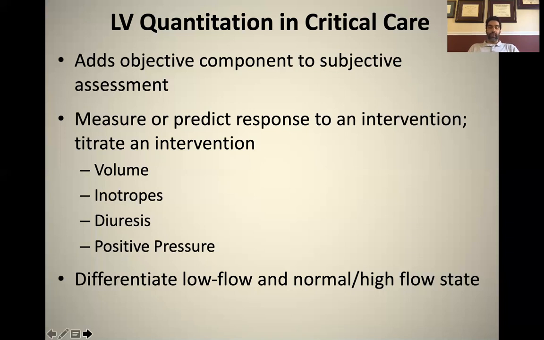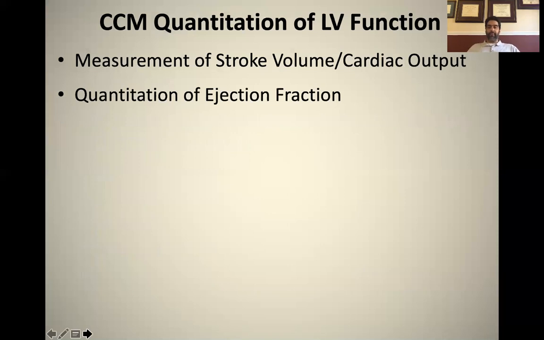Okay. So how do we quantify LV function in critical care? There's two ways we approach it. The first one is the preferred approach, where we can actually measure or estimate stroke volume and cardiac output. I say all the time, we as intensivists are most interested in flow.